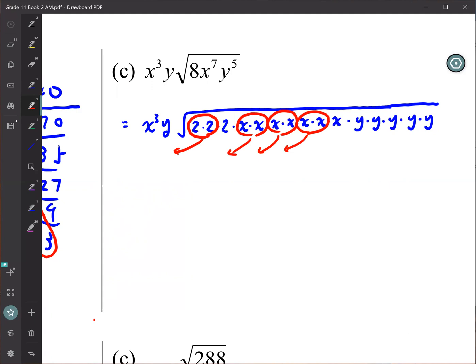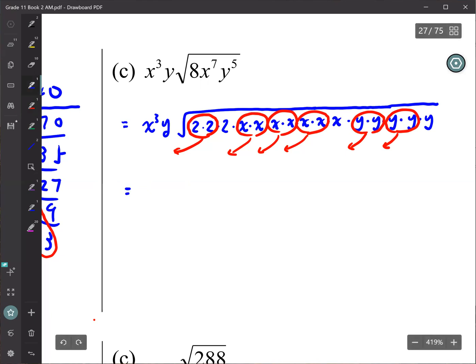And then for 5, right? Y to the 5, you can make 2 pairs. If it's a cube root, you need a triplet, okay? This is a square root, you just need pairs, twins, right? So when they go out, they will multiply with whatever is already outside. Right, so 2 will go out, but there's no number outside, so just put a 2. You have x go out, right? 3 x's go out and meet the x's on the outside, so that makes a total of 6 of them, right?